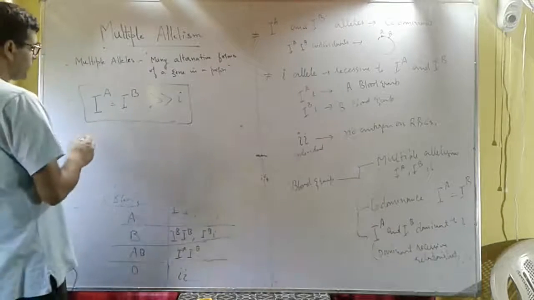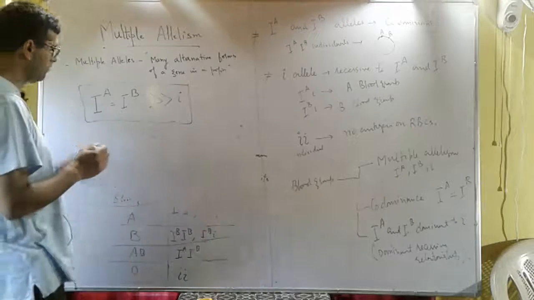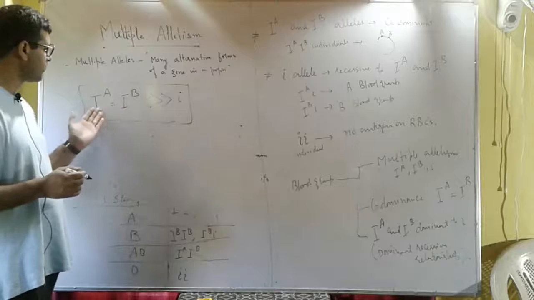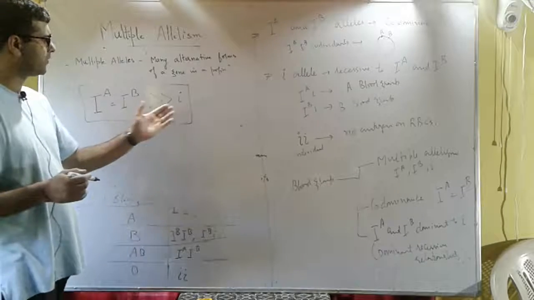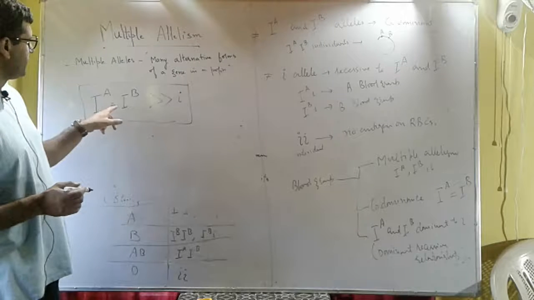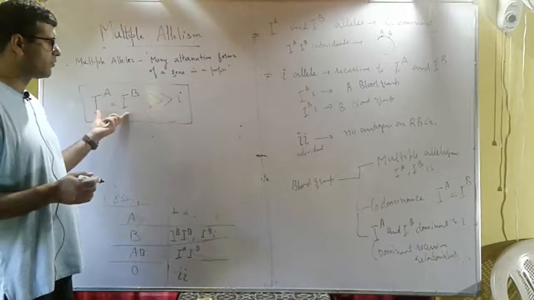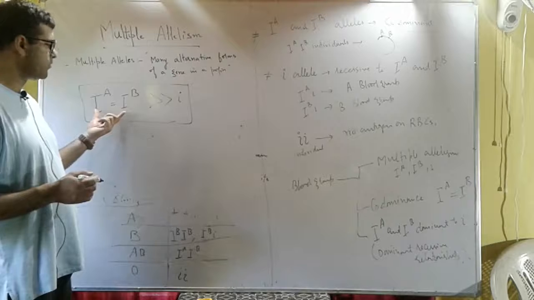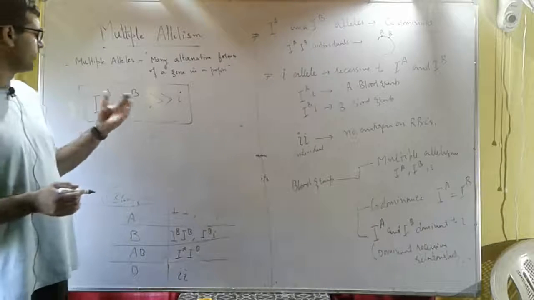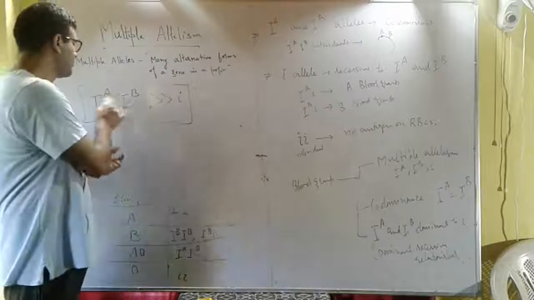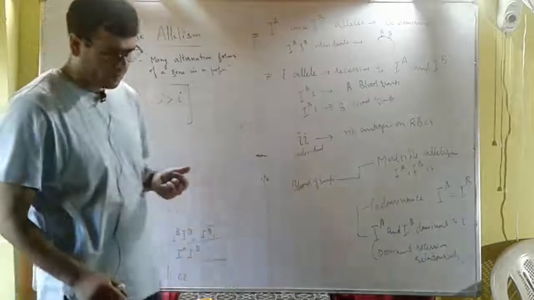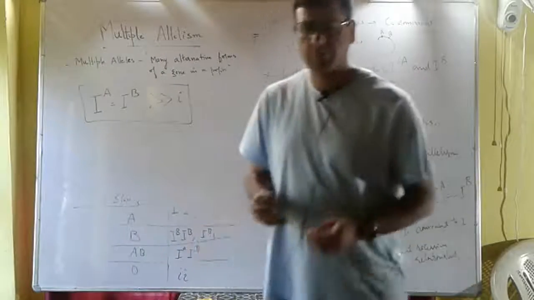This is the case of multiple allelism. There are three alleles, IA, IB and small i, which control blood group in humans. IA equals IB because these are codominant alleles, meaning both alleles express themselves in the phenotype, and these two alleles are dominant over small i.